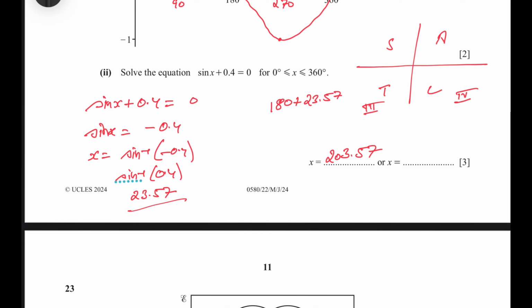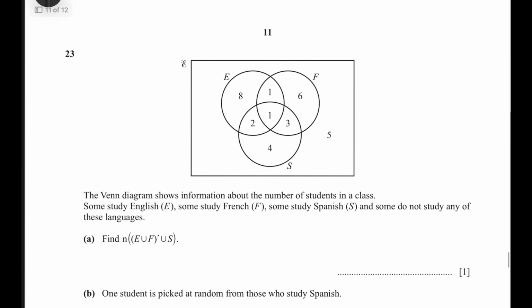And for the fourth one, you do 360 minus 23.57, which will give you 336.43. So these are our two answers. Okay, 23rd.